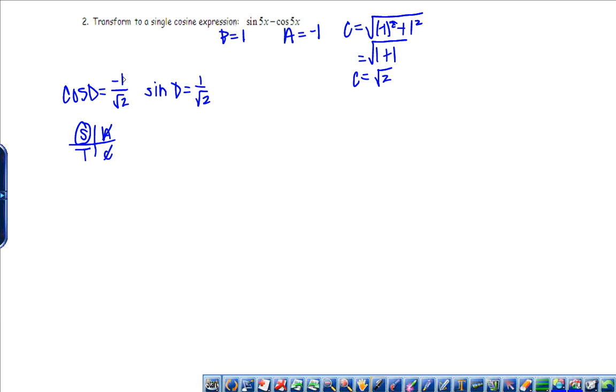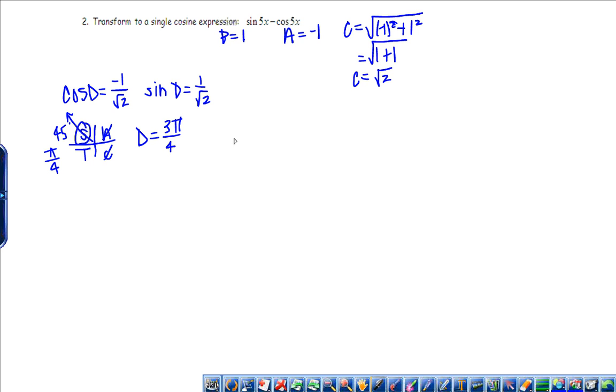Okay, so since I have 1 over root 2 for both of these, that is going to be a 45-degree triangle. In radians, that is pi over 4. Since we're in this quadrant right here, that means I need to find out what I graphed in order to get that. So that means that D is actually going to be 3 pi over 4. And again, if it helps you to draw the triangle, go ahead and do so. That will be very helpful.